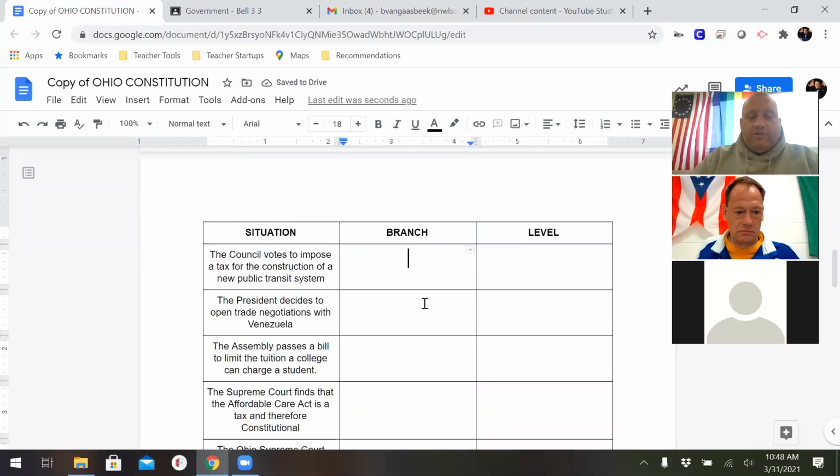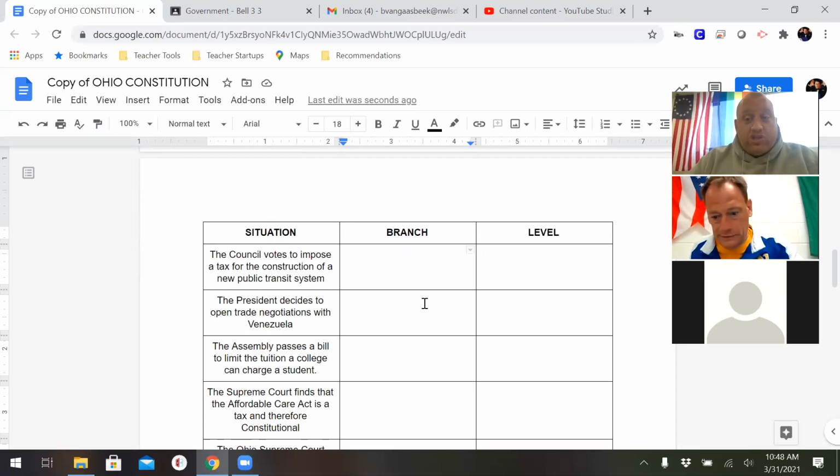And is the level national, state, or local on these situations? Now, I have the chat room function operational if you don't want to unmute your mic. And you can abbreviate. If I ask which branch it is, instead of legislative, executive, or judicial, you can just put L, E, or J, and we'll know what you mean.